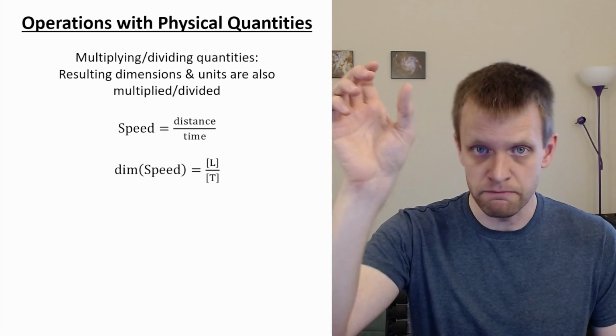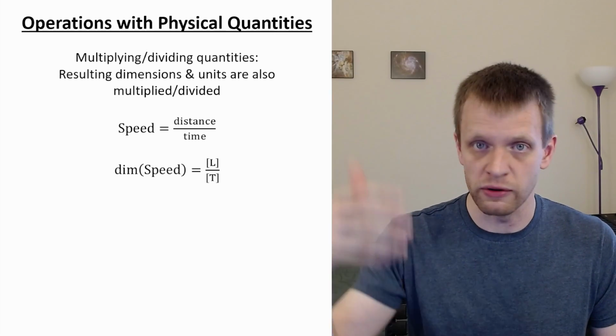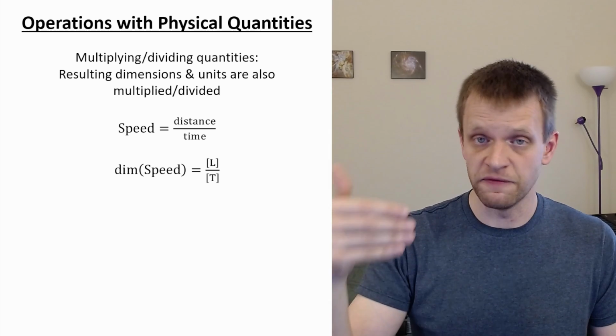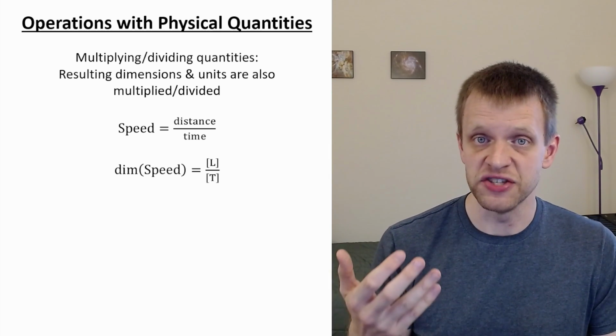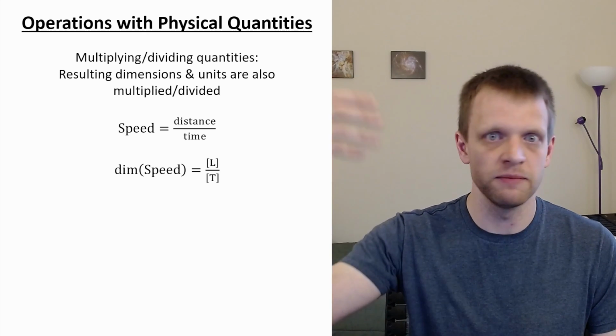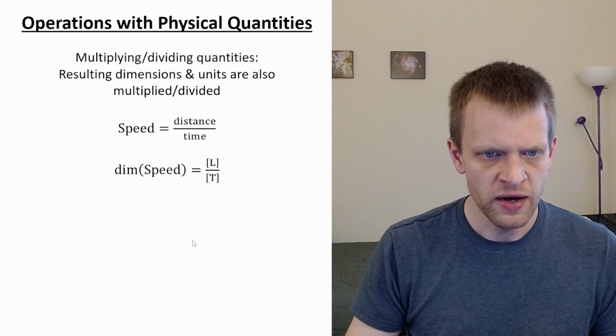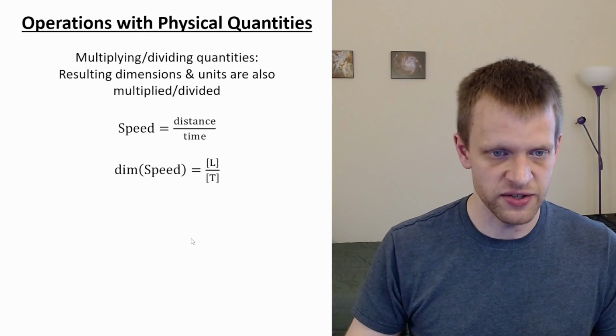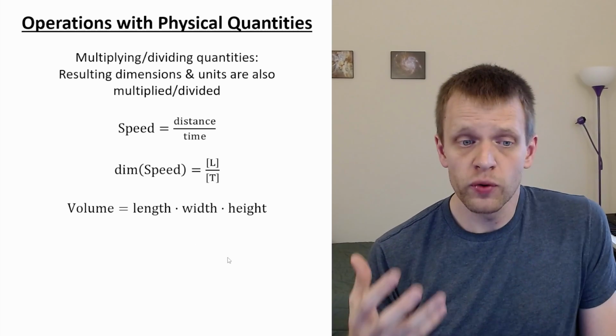Again, this could be meters per second or miles per hour or any length divided by a time, but that's the dimensions that speed is going to have. The units, again, could be meters per second, miles per hour, any combination where it's a length divided by a time.